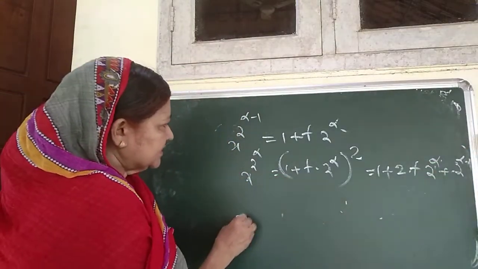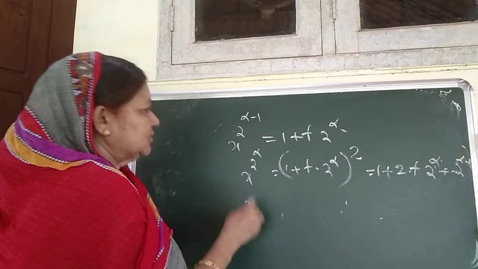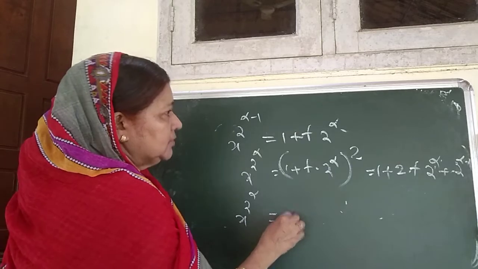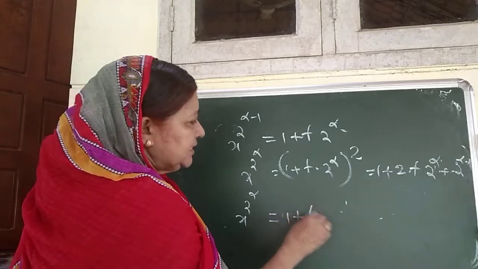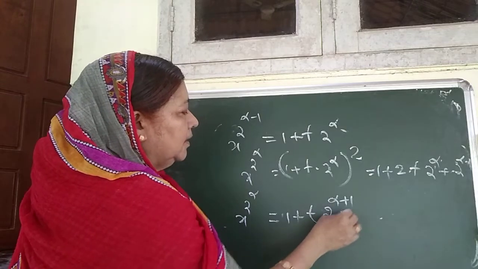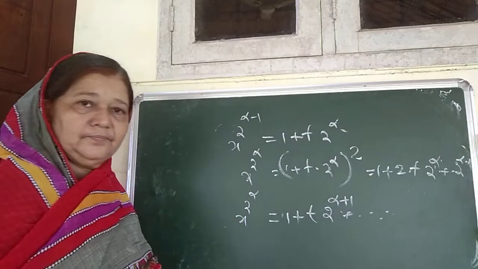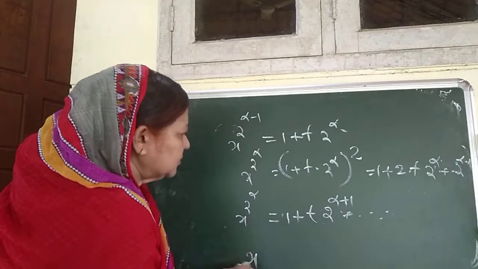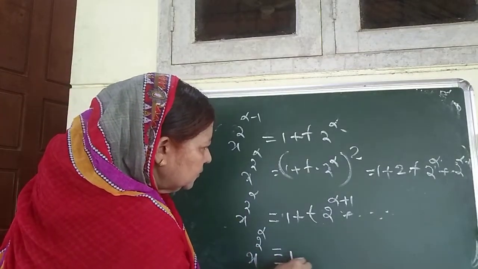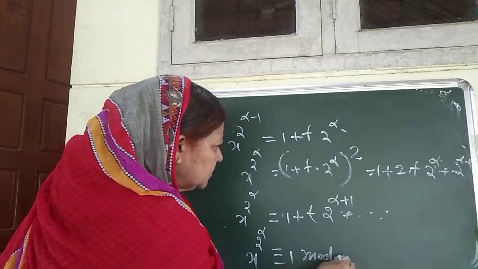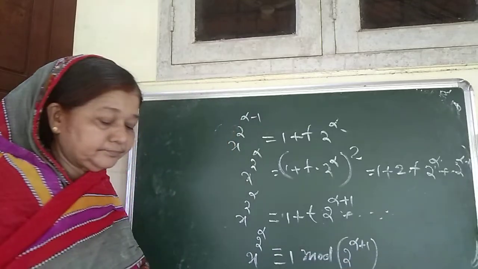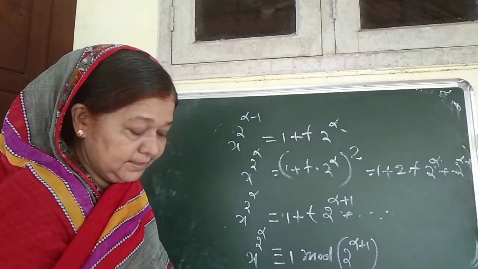That is, x raised to 2 raised to alpha is equal to 1 plus t into 2 raised to alpha plus 1 plus other terms. Therefore, x raised to 2 raised to alpha is congruent to 1 mod 2 raised to alpha plus 1. Hence, the theorem is satisfied.